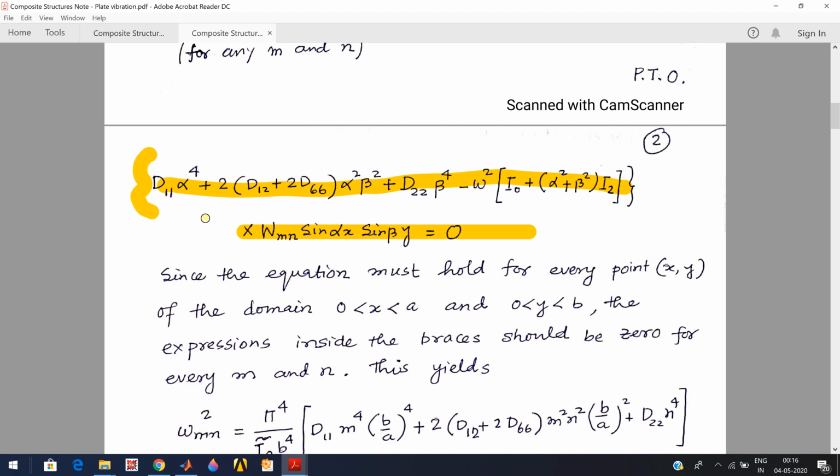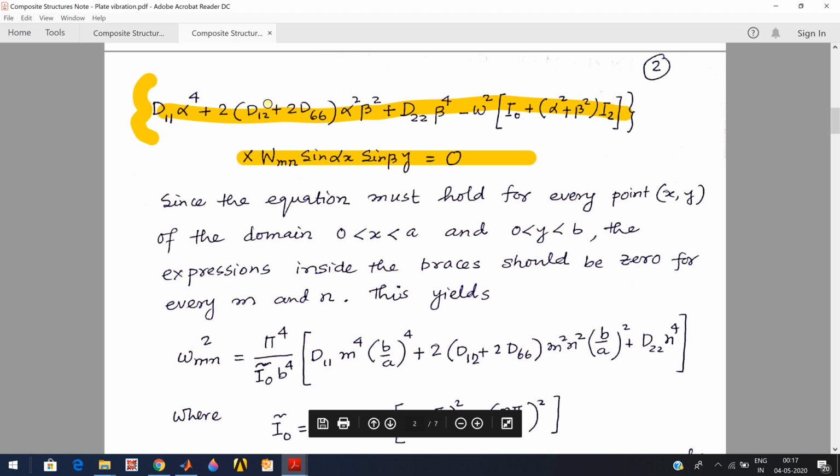So for holding this equation for each point x and y, the term within that second bracket, or the braces, should be 0, and from there you can get the expression of the natural frequency omega.